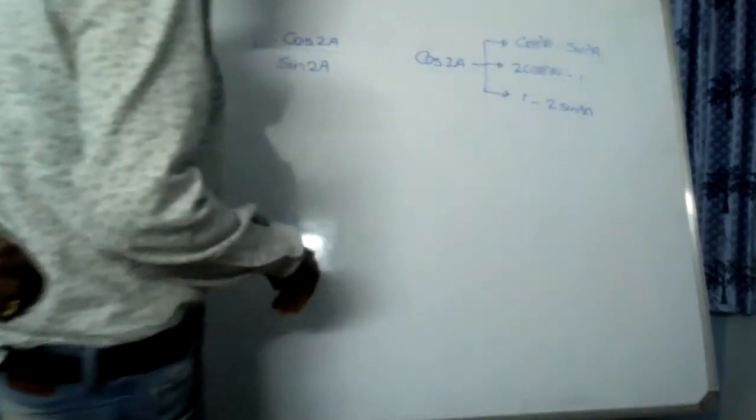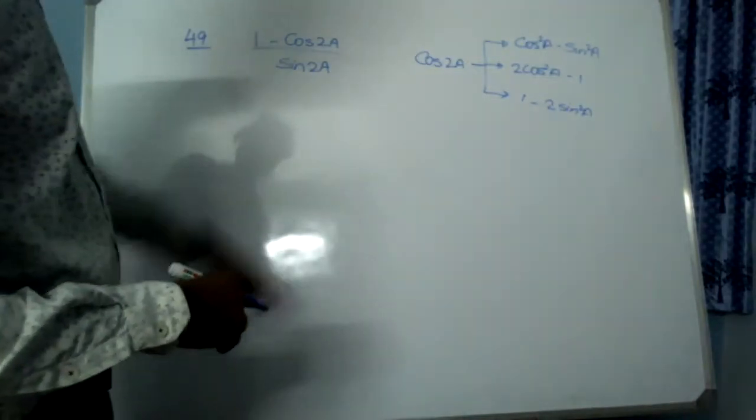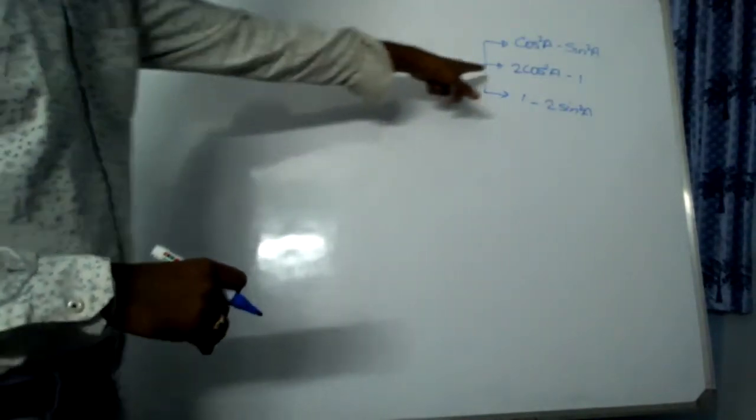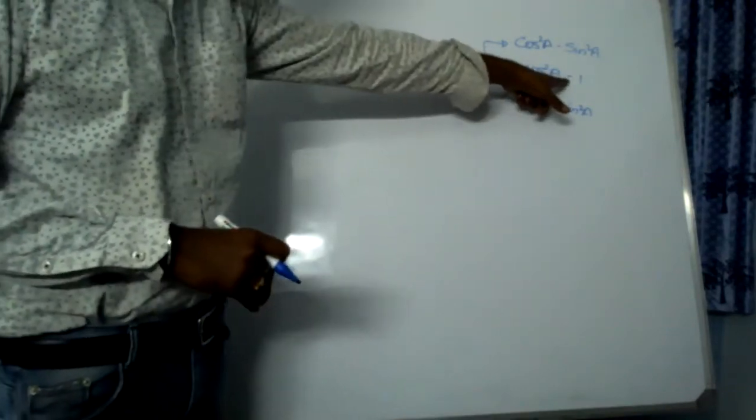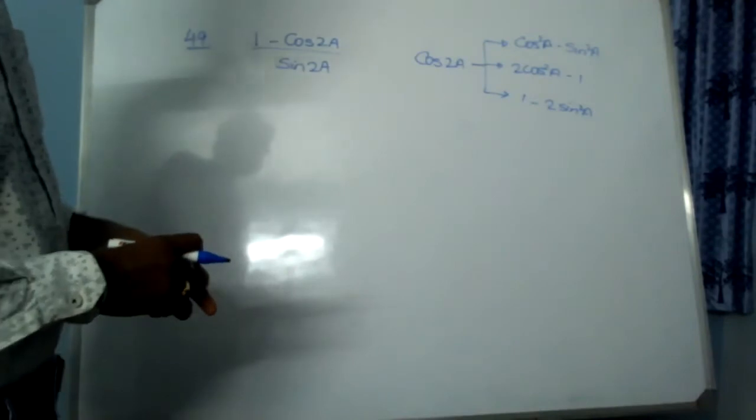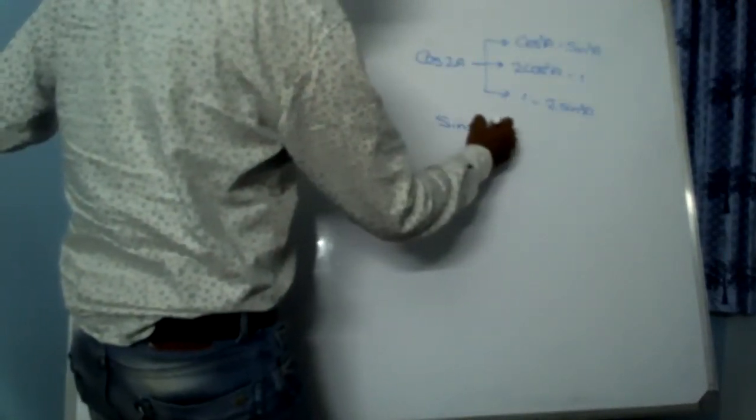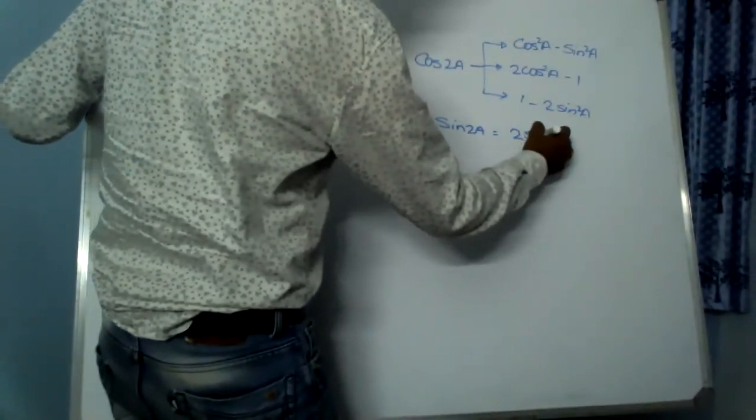Okay. So I'll go with the third one because it's 1 minus cos 2a, right? So if I take this one, 1 minus this thing, 1 minus minus will become plus, so it will give me plus 2. So I'm not looking for that, okay? Sine 2a formula says sine 2a is equal to 2 sine a cos a.